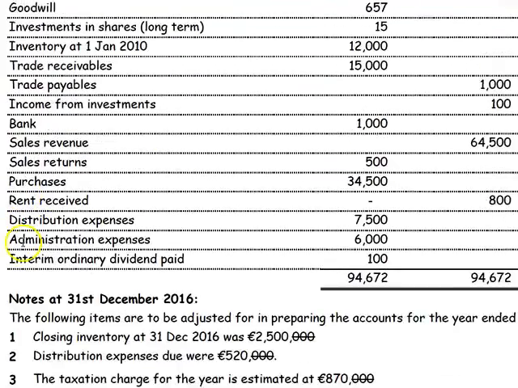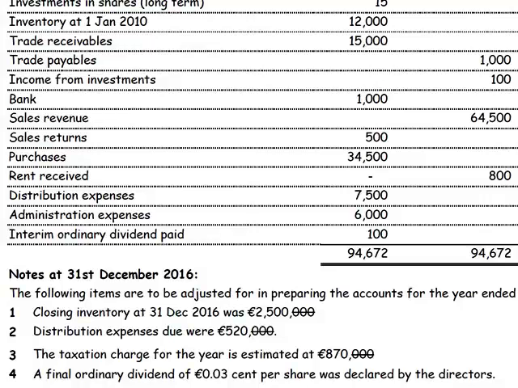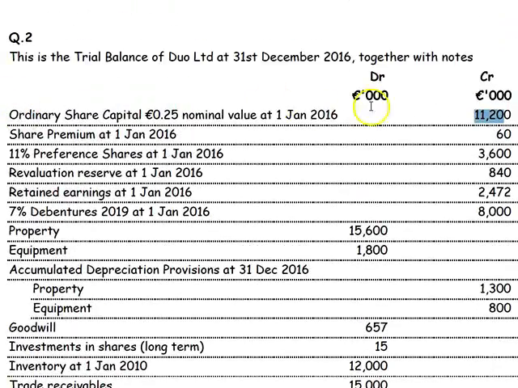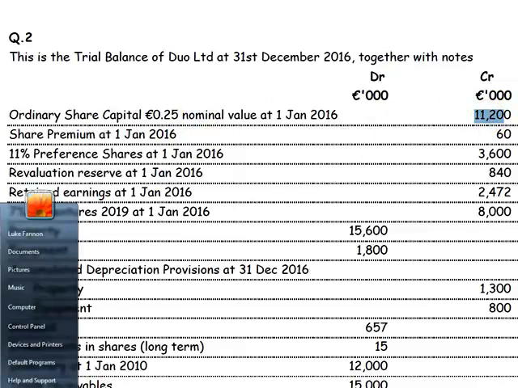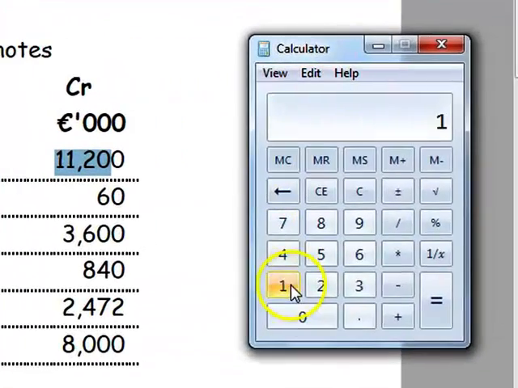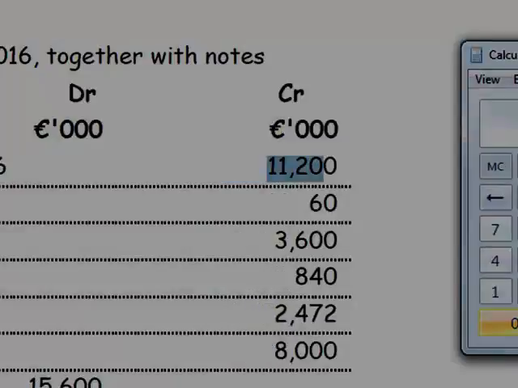There were no shares issued during the year in the notes, so they haven't changed. So at the end of 2016, we have ordinary shares, 25 cents each, worth 11,200. So to get the number of ordinary shares, 11,200, each share is worth 0.25.